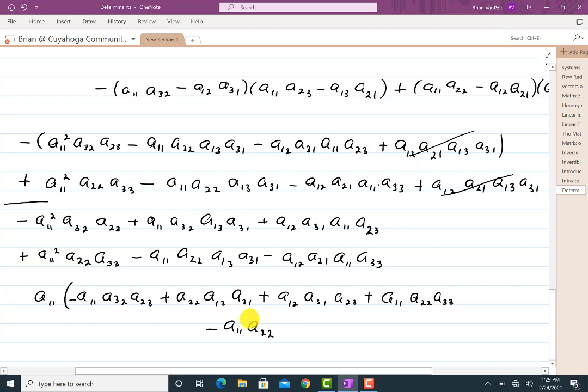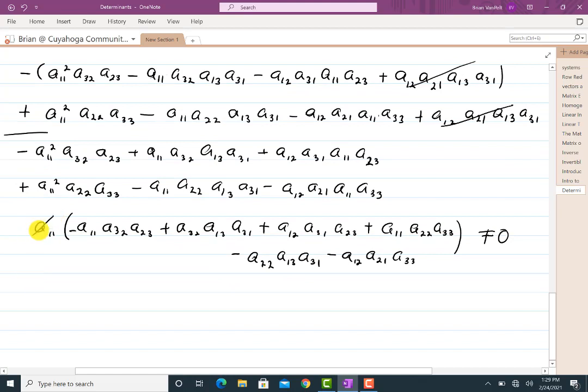Let's see, I've taken that A11 out of there. Of course, this is not supposed to equal 0. And that means that I can divide by A11 because I know that it's not 0.